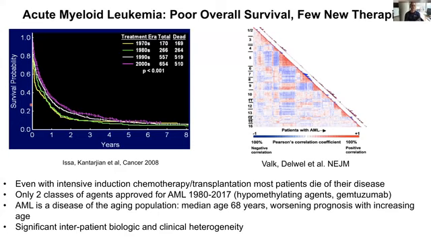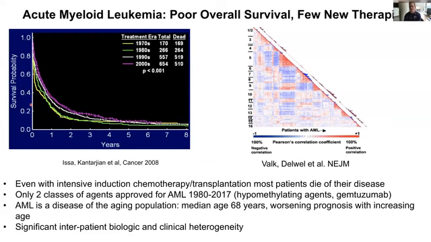And on the left, this is data from MD Anderson making the point that despite there being a p-value that outcomes have improved, it doesn't really meet the sort of, have they improved in a meaningful way? And on the right is data from Peter Valk and Ruud Delwel, where they did gene expression analysis of the HOVON AML cohort.